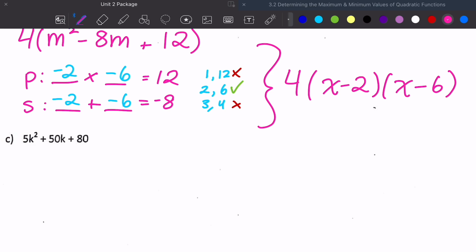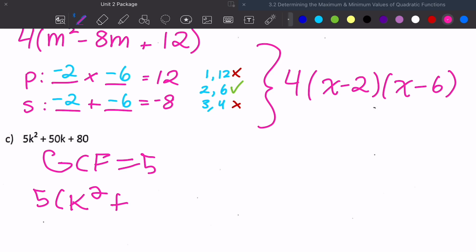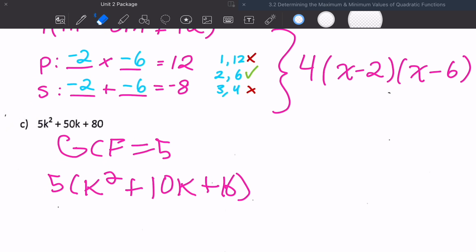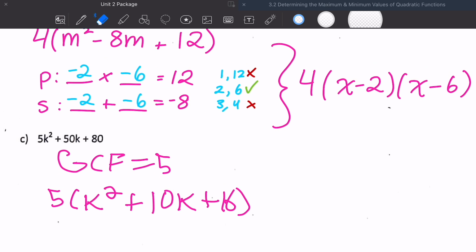Okay. Oh, you're recording. Okay. So I found the GCF, and it was 5 because everything's divided by 5. So I divided it and made brackets. Product.